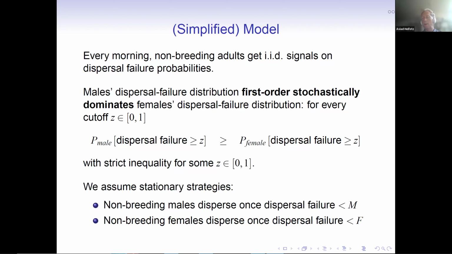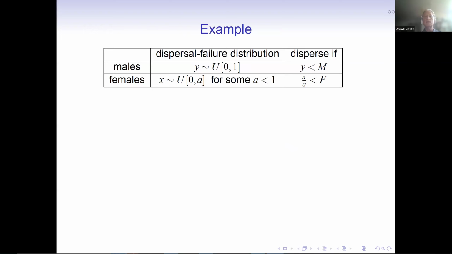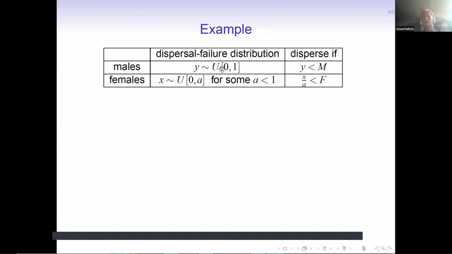And if I'm a female, I may have a different cutoff: I disperse if I see that today my failure probability is smaller than F. In this example, let's assume that for males the failure probability is uniform in 0,1, and for females it's in a smaller interval between 0 and A, for some A smaller than 1. So I disperse if X over A, my probability of failure, is smaller than this cutoff F.